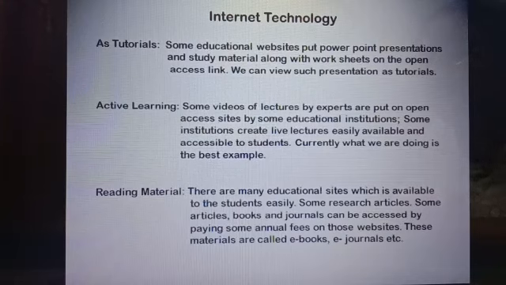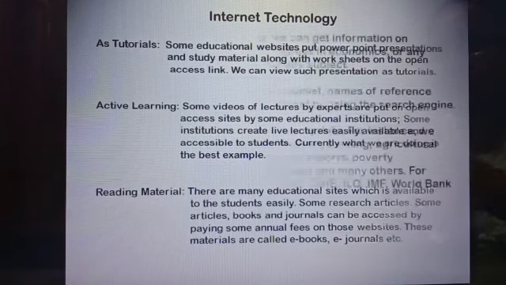There are many educational sites which are easily available to students. Some research articles, books and journals can be accessed by paying, or an annual fee is taken by these websites. This material is called e-books or e-journals.